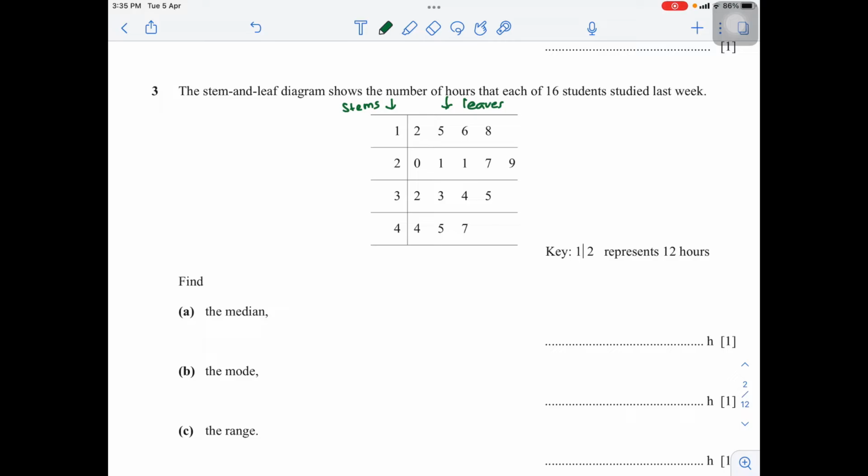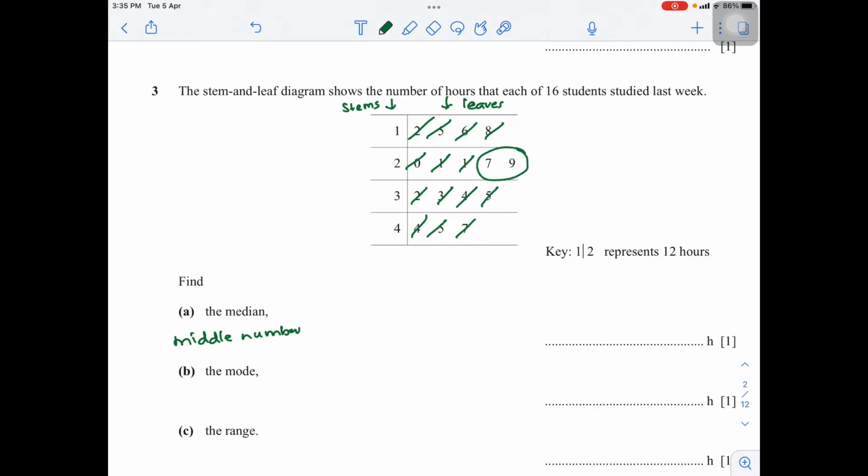Now median is the middle number. So I have to figure out what's the middle number. I cross out the smallest, the largest, then smallest, then largest, then smallest, then largest, and I go in that order.